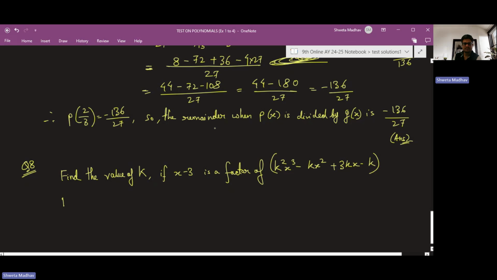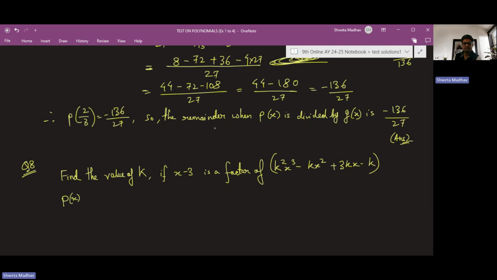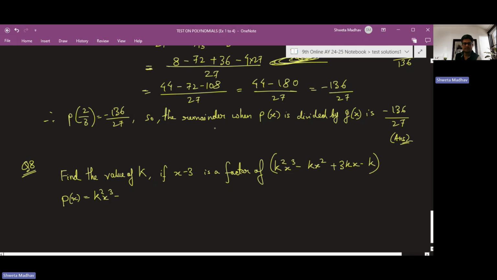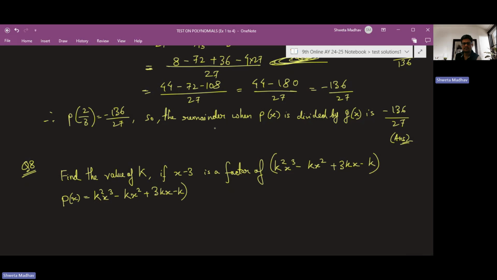Let's take this as the polynomial p of x, which is k square x cube minus kx square plus 3kx minus k.